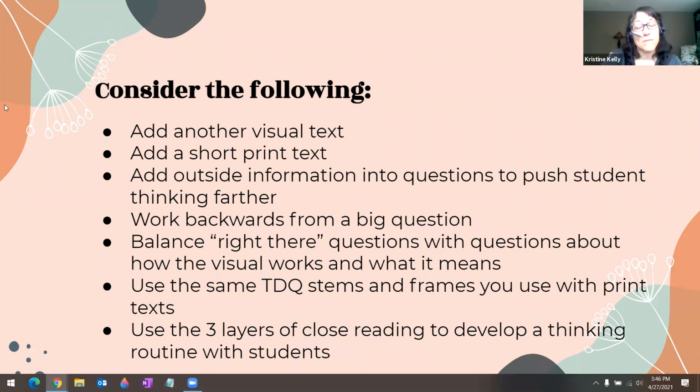Would you just use the graph? I know I would just use the graph. I might start with just using the graph and then pull in the text at some point. Yeah, I think it really depends on what our ultimate goal is. What is that question that we are working backwards from? I think only using visual text or only using that graph would be just fine, depending on what goal we have.